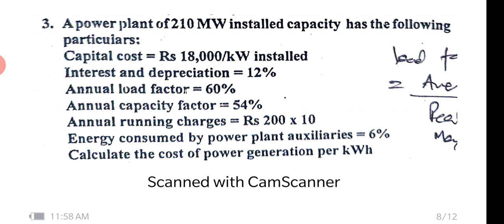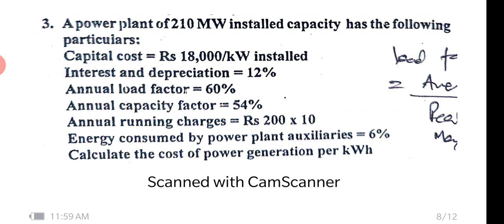The interest and depreciation are combined together like fixed charges, that is 12%. The annual load factor is 60%. Also annual capacity factor is 54%.